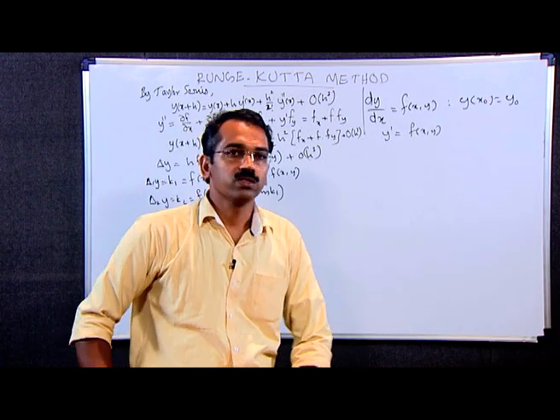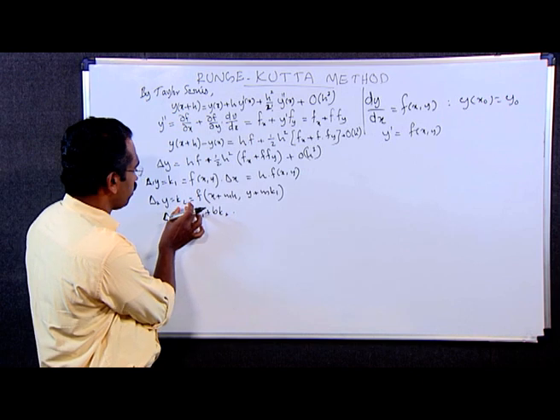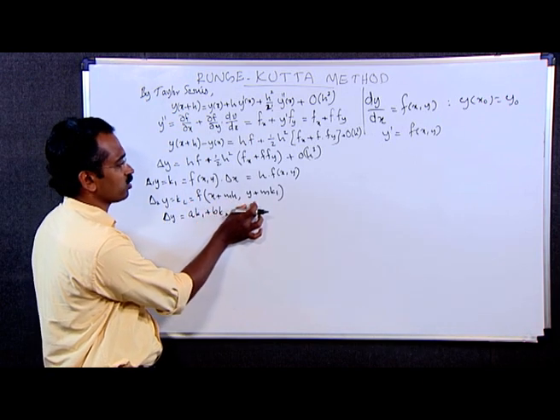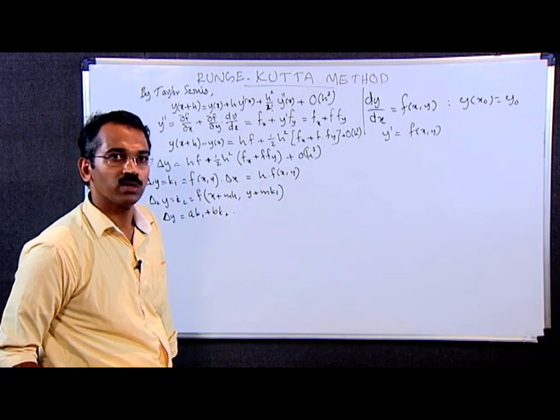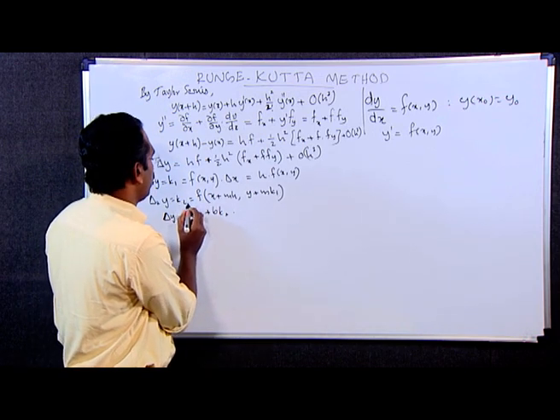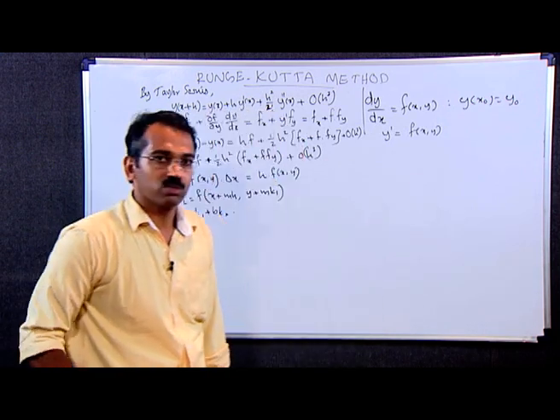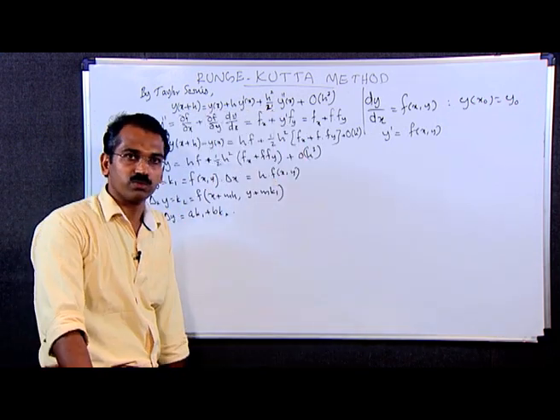Now, we expand k2 and delta y in powers of h. This is our k2. K2 is f of x plus mh comma y plus m k1. First, we expand this k2 in powers of h by using the Taylor series for two variables.